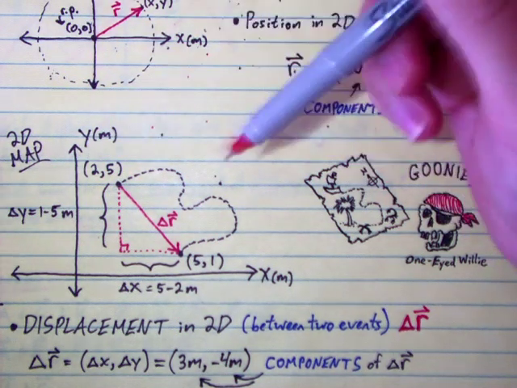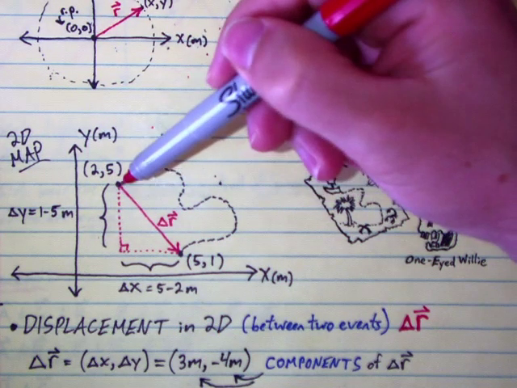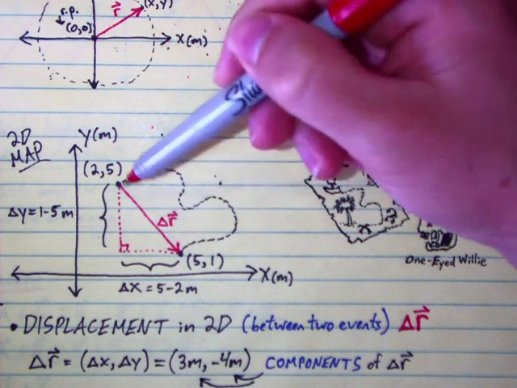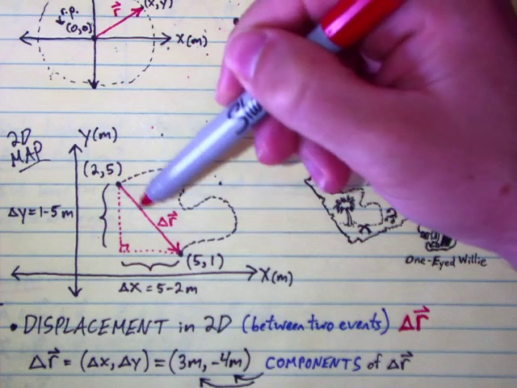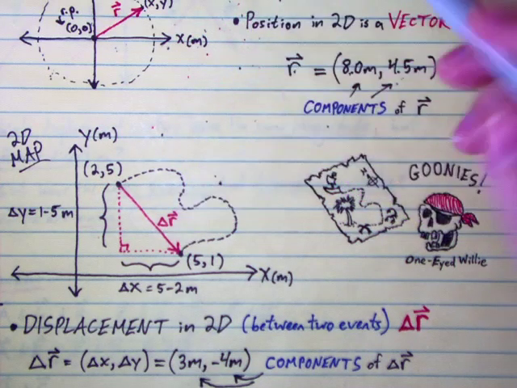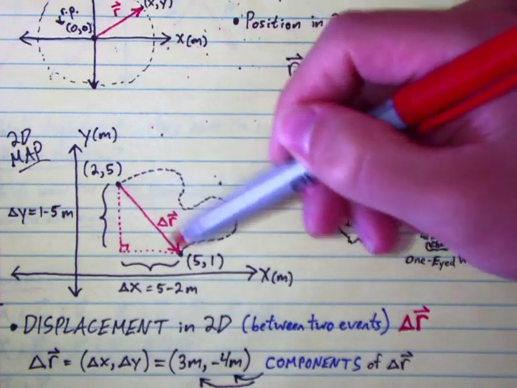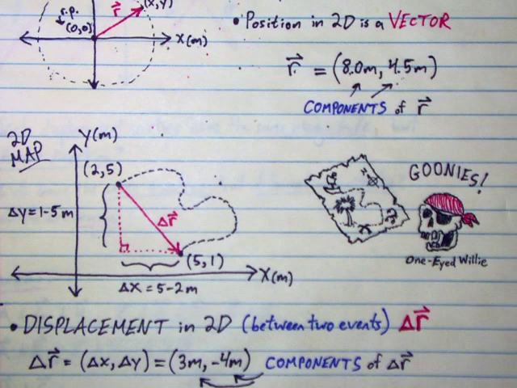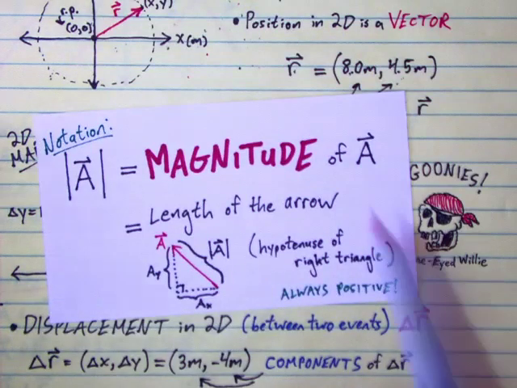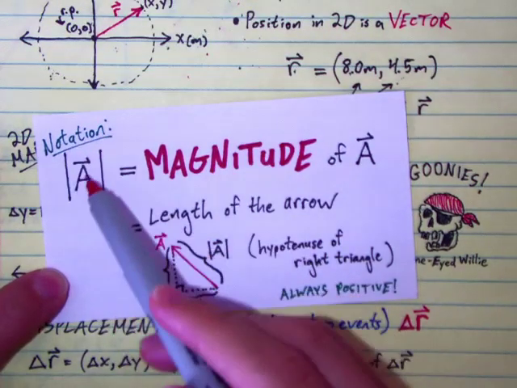It's often useful to also know the length of this straight line path from beginning to end. So if I want to know this length, we have a term for it. We call it the magnitude of the vector. It's like the length of the arrow. Notation is like this.